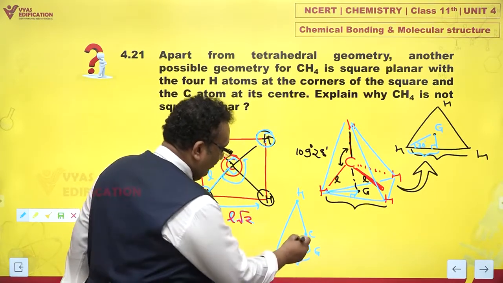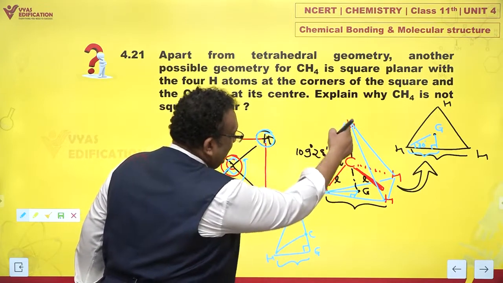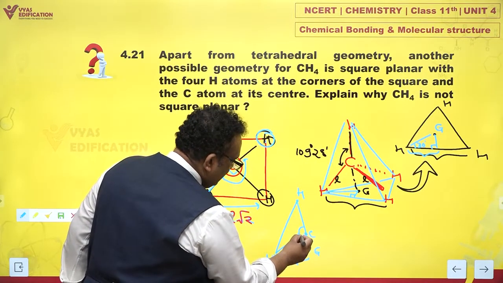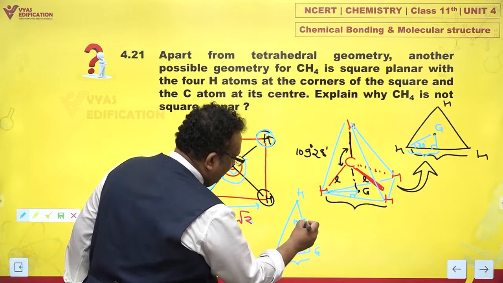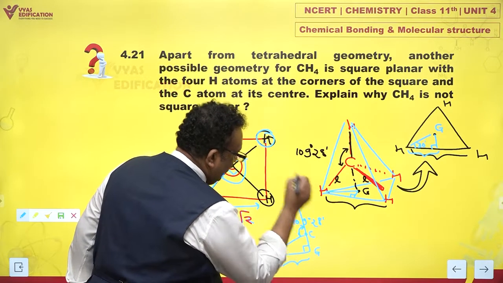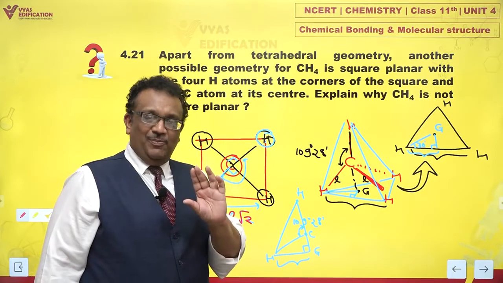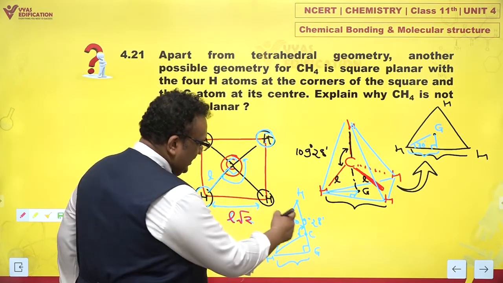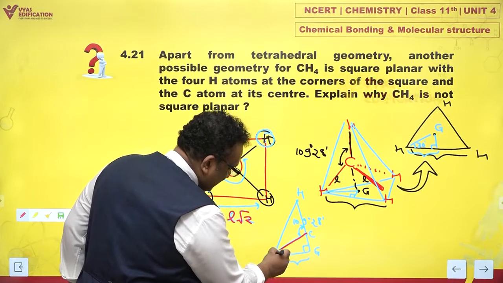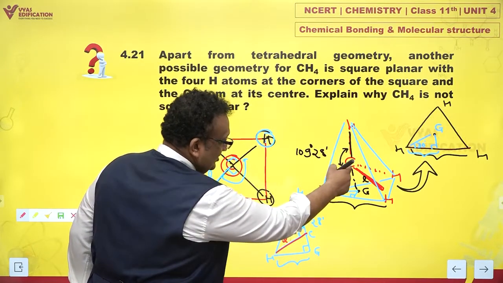Why? Because we know very well that this angle, the HCH angle, is 109 degrees 28 minutes. Let's do the calculations. Just a little patience and we'll get there. See, this CH distance, say this is L, this is what we said.